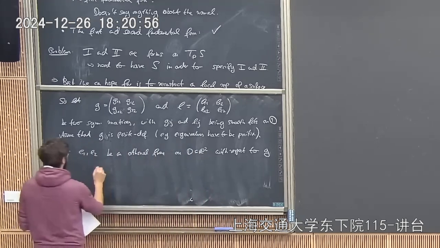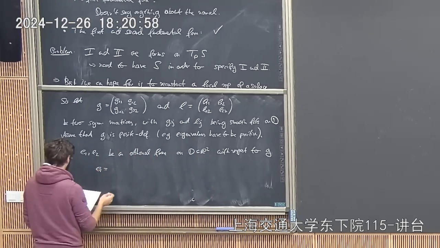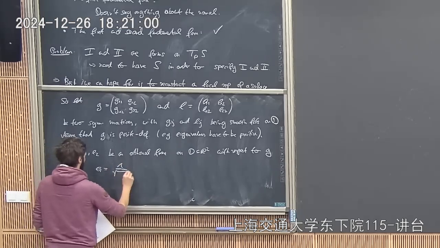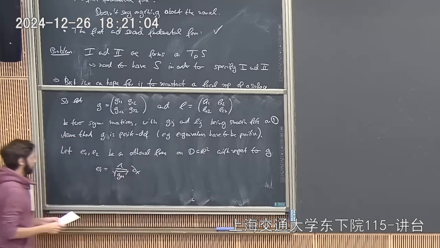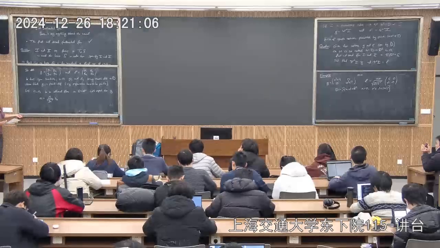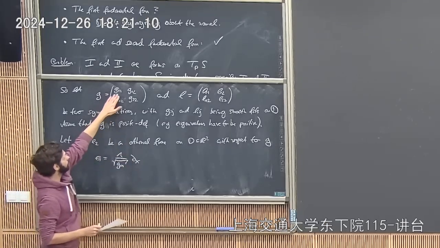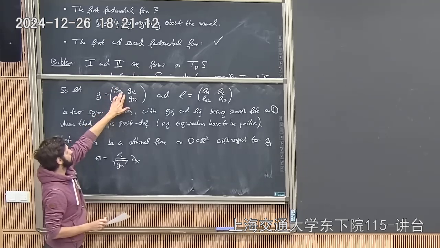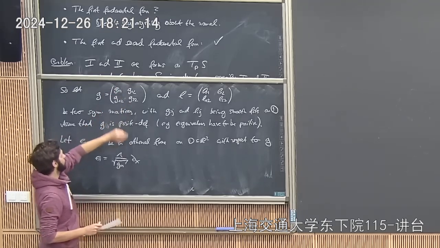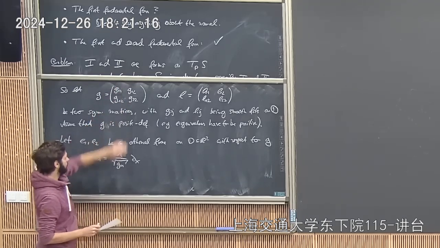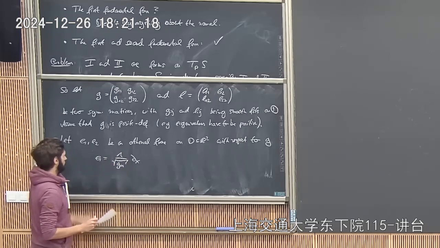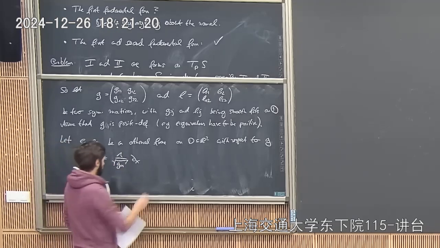E1 is easy to write down, and actually you can do that just by choosing it as follows, because if you plug in E1 into G, then you get the square of G11. So we normalize that. So that one would be easy.